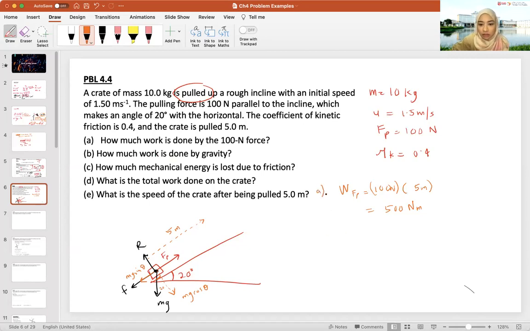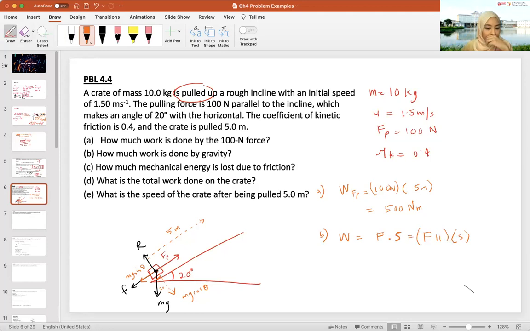So this is A, this is B. I can choose two ways to do this. Remember the definition of work. It is the dot product of force with displacement, or the force that is parallel to displacement. Why is my handwriting like this today? It's even worse than usual.